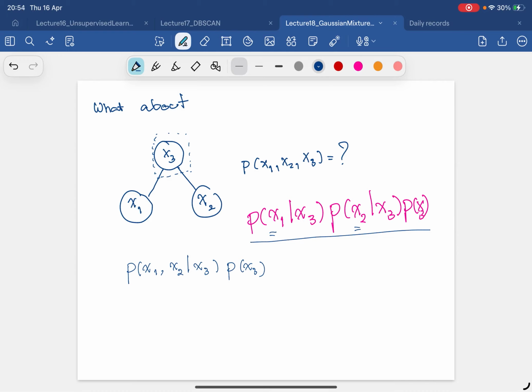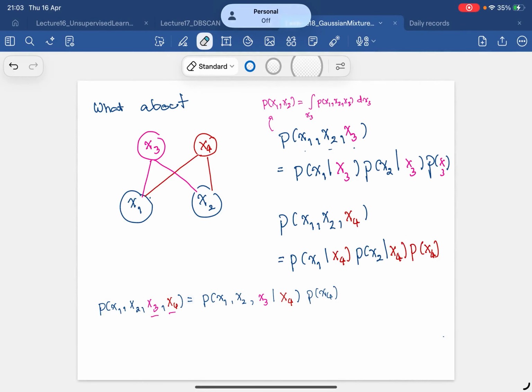But with the conditional independence assumption, here it is with the conditional. And this one is without the assumption, which is this assumption.